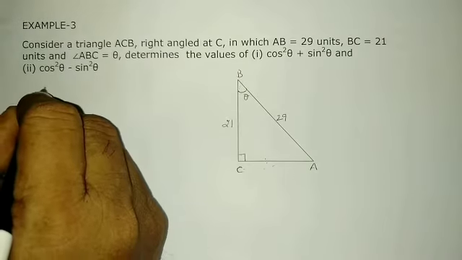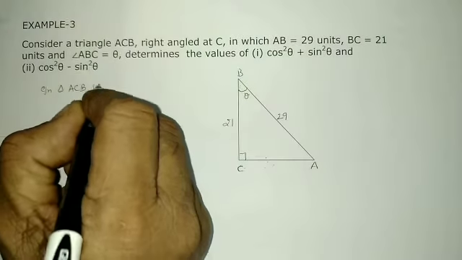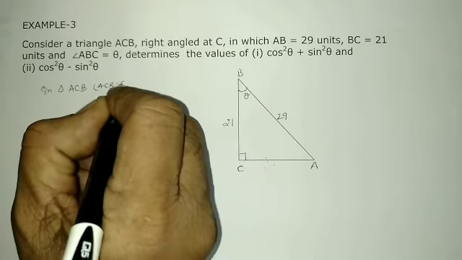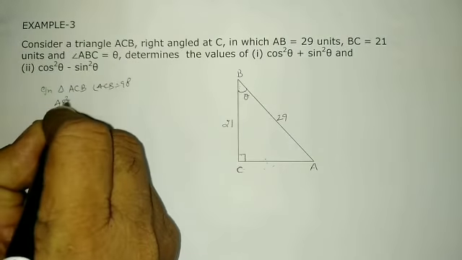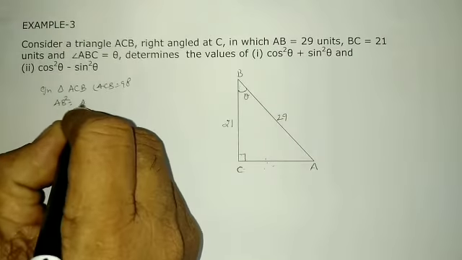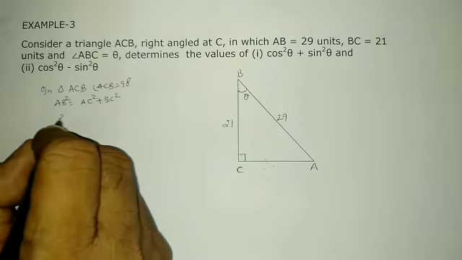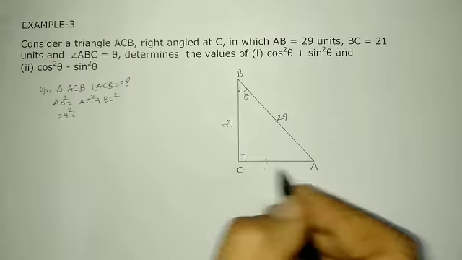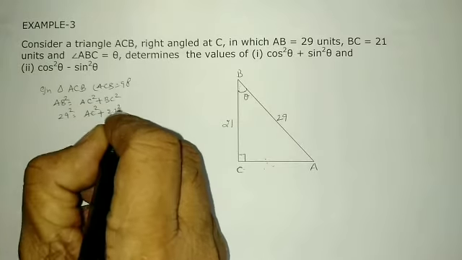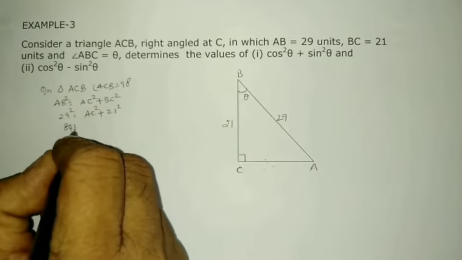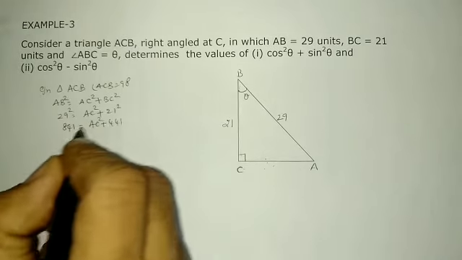So in triangle ACB, angle ACB equal to 90. So by Pythagoras theorem we get AB square equal to AC square plus BC square. 29 square equal to AC square, which we have to find, plus BC, 21 square. 29 square, 841, equal to AC square plus 441.